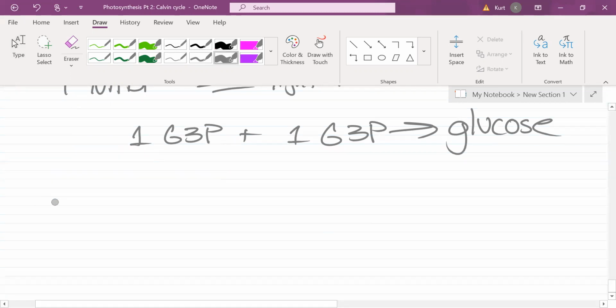But hold up. You need 6 water molecules to go through the Calvin cycle once. So how many water molecules do we need all together to make one glucose? 12. You needed 3 carbon dioxides to go through the cycle once. You're going to need 6 to go through it twice.